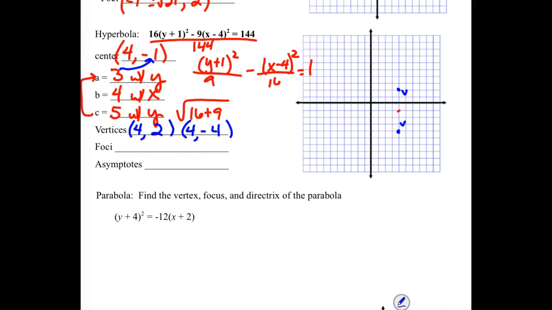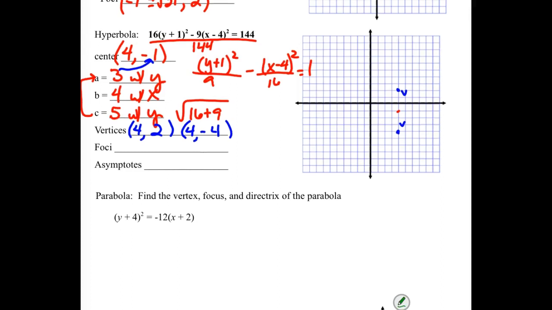Yep. So we're going to go 4 in the x direction. We're going to make our little box connecting the vertices and those extra points. We're going to draw in the diagonals.